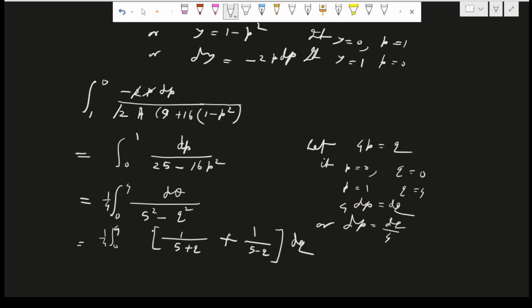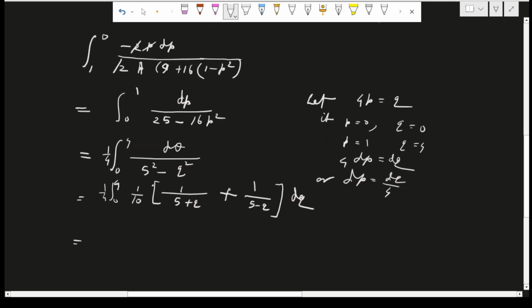What is (5 minus q) plus (5 plus q)? Q cancels, 5 plus 5 is 10. So here 1 by 10, and so 1 by 40.